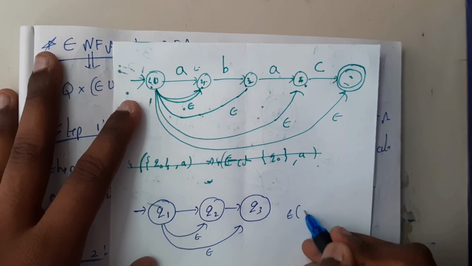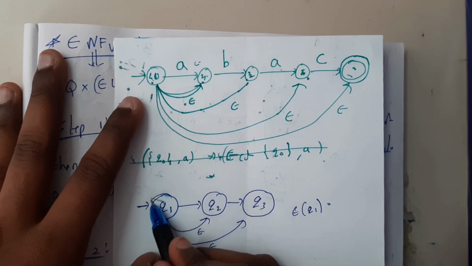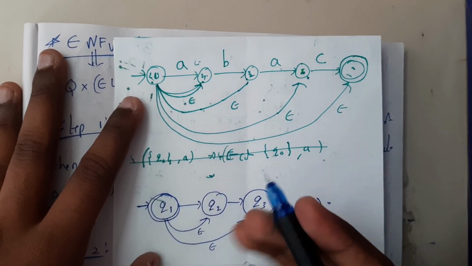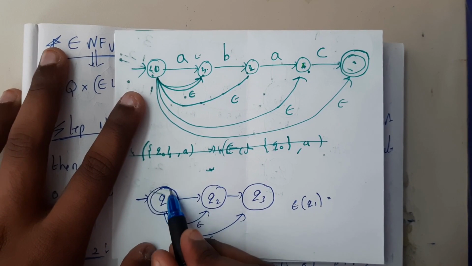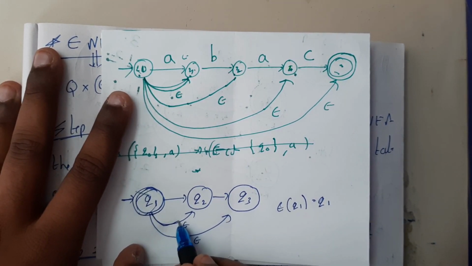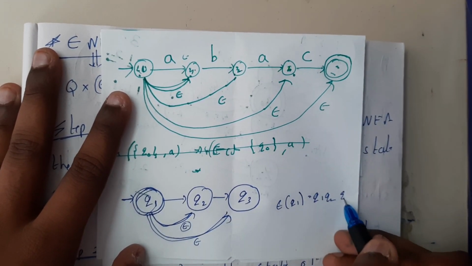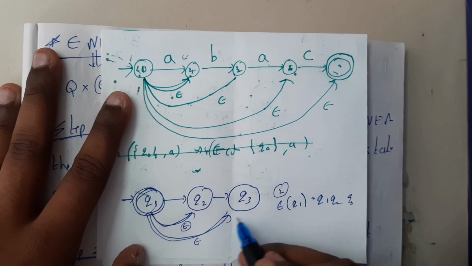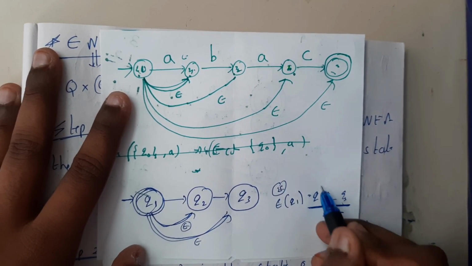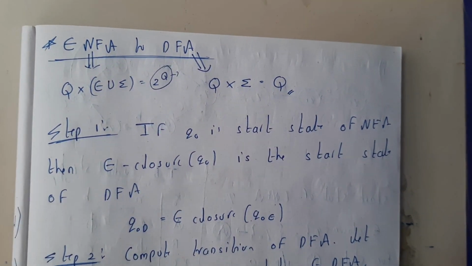Here epsilon closure of Q1 is nothing but the states where you can go from Q1 without giving any input. You can stay in Q1 if you don't give input. Since the transitions here are epsilon, you can travel to Q2 and to Q3. If there is again a Q4 and you are not having a connection, Q4 will not come. So only the connections with epsilon, and the state itself, form the epsilon closure. Remember it, because it's really important in this problem.